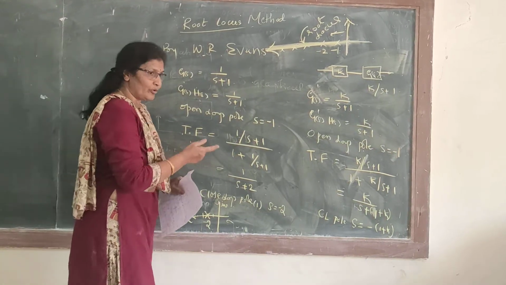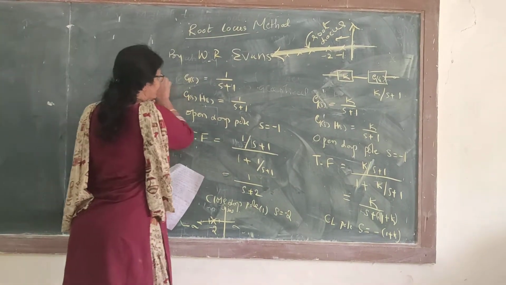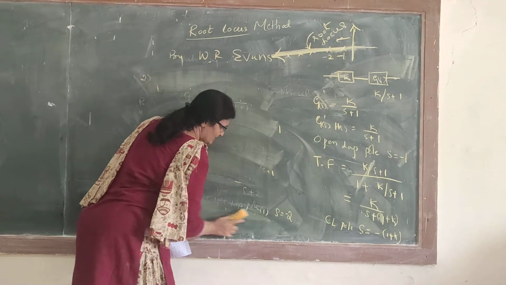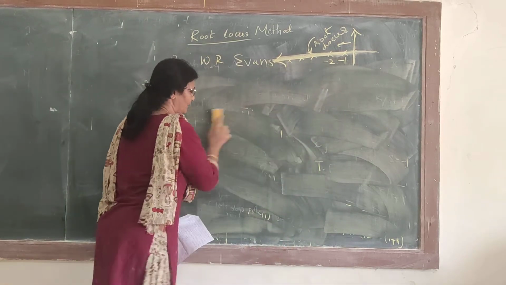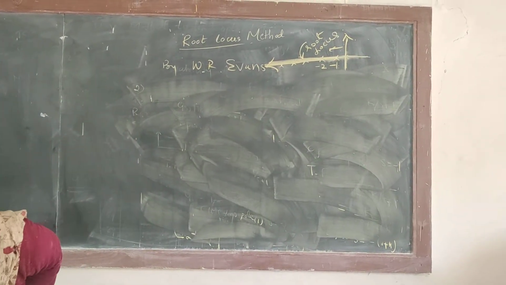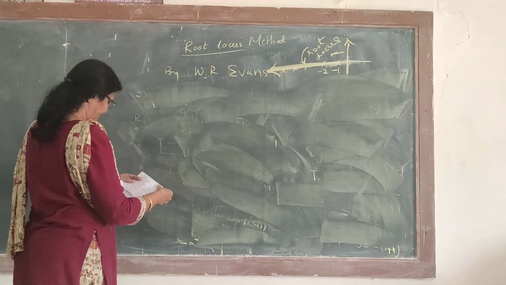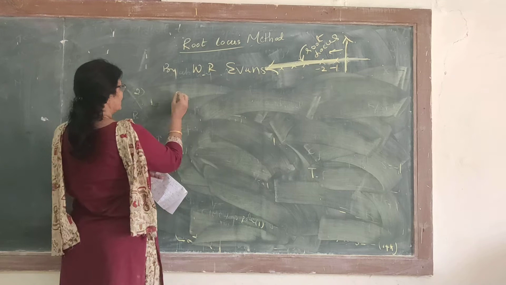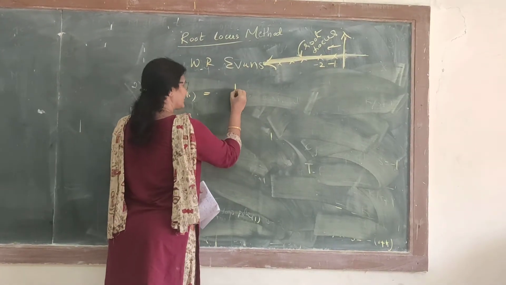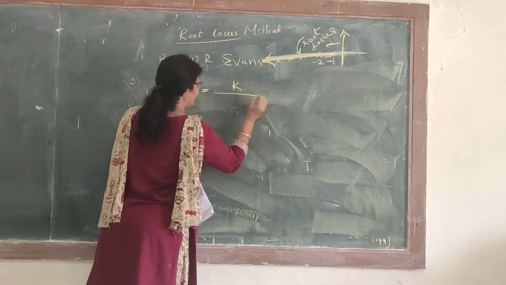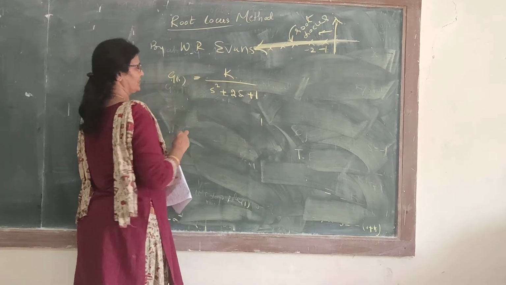We'll consider one more example that elaborates the entire meaning of the root locus method. Instead of taking one pole, in the next example I'll be taking a system with two poles. That is G(s) equal to k divided by s square plus 2s plus 1.